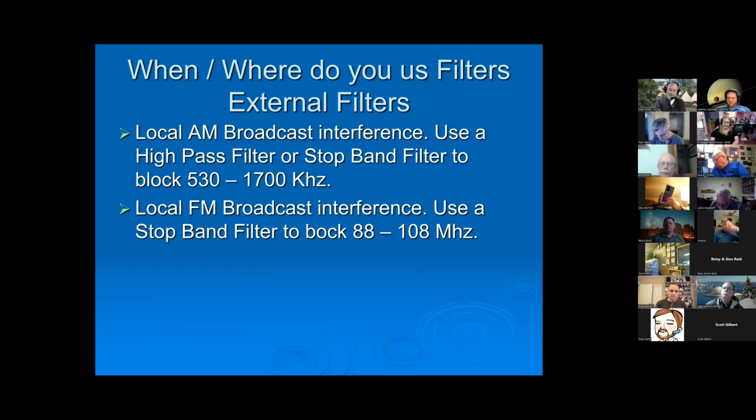Really important on 160 meters. It's really hard not to use a broadcast filter on that. And likewise, still on your FM broadcast, that's referred to as a stop band filter.